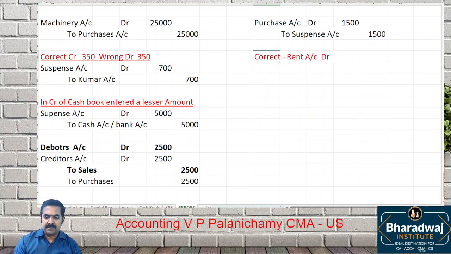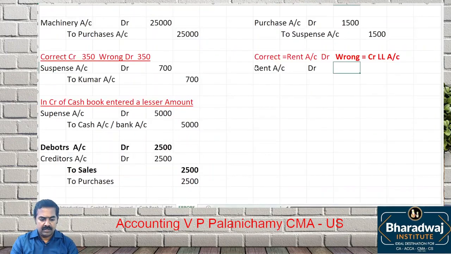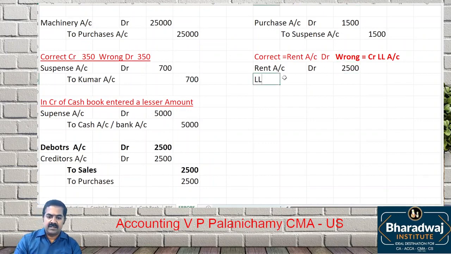But what mistake have we made? We credited which account? Landlord account. The mistake is we credited landlord account. So how to rectify this? Debit what has to be debited now? Rent account debit, how much? 2,500. To remove the wrong credit, you have to debit landlord account, how much? 2,500.